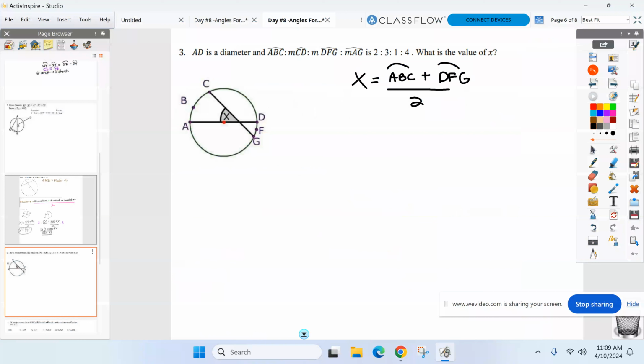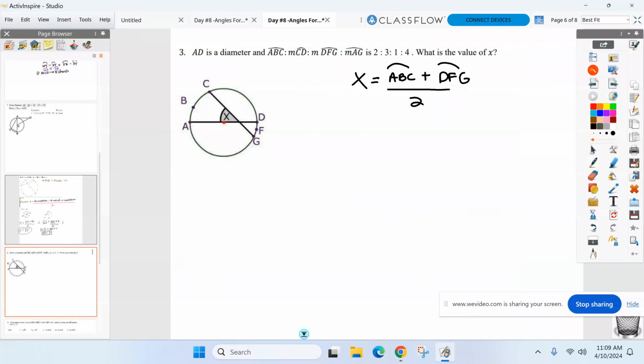Now let's go back to the numbers being a ratio. We have not done this in a while, but anybody remember what we did with numbers in a ratio? We applied what with them, Matt? Put X's with them. So everyone sees arc ABC represented by 2 in the ratio.